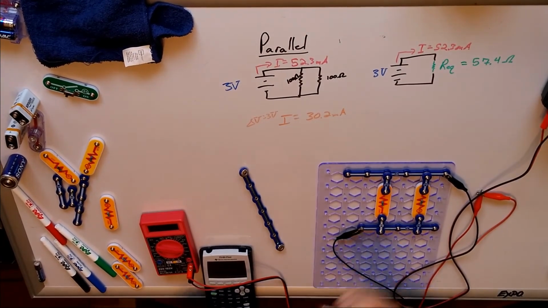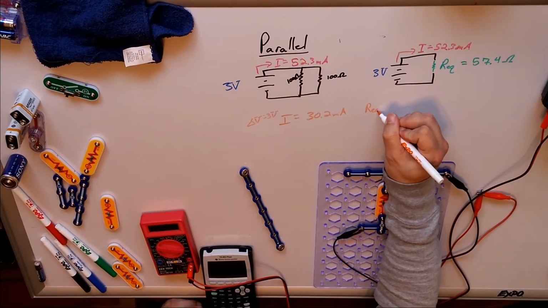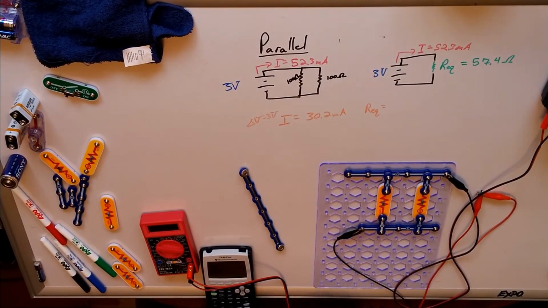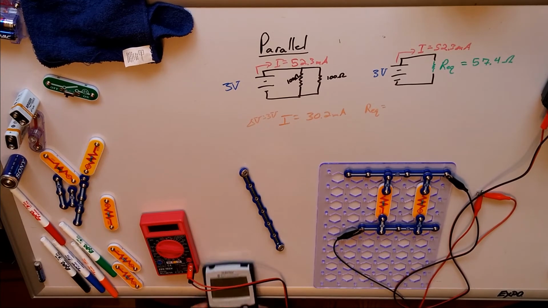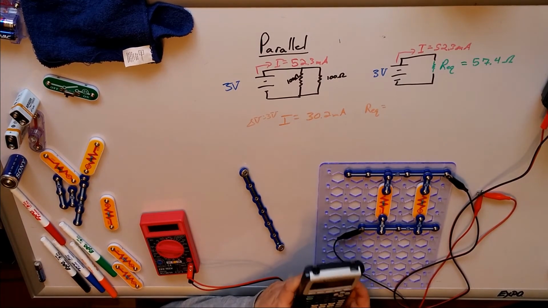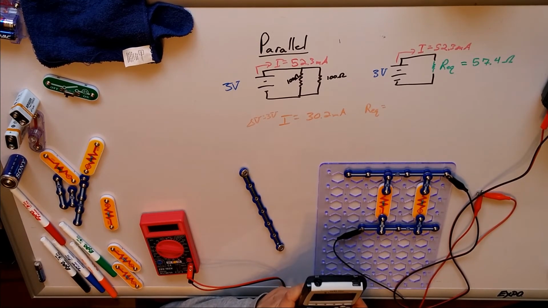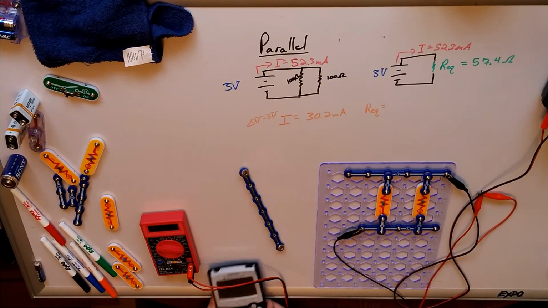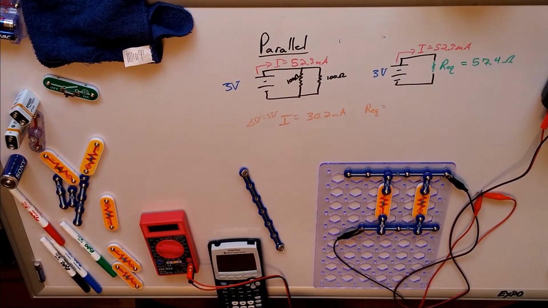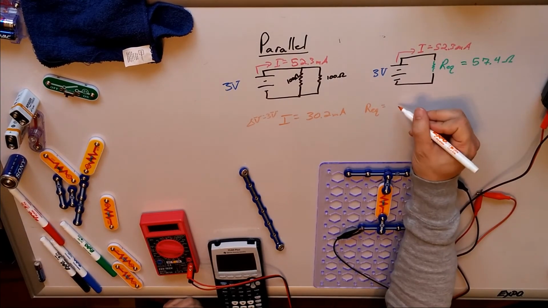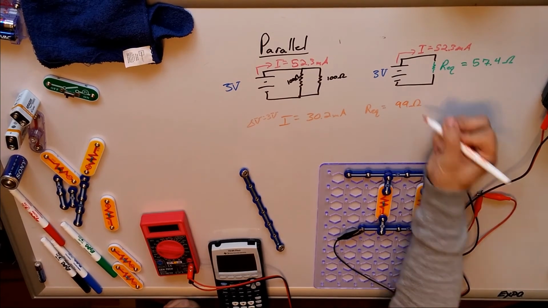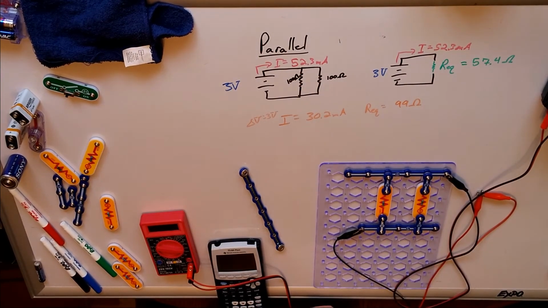So let's find out what our equivalent resistance is when we've got a 100 ohm and a 1000 ohm. I take 3 volts divided by 0.0302, and I end up with, interestingly enough, a 99 ohm resistor as the equivalent resistance. Well, we'll come back to that.